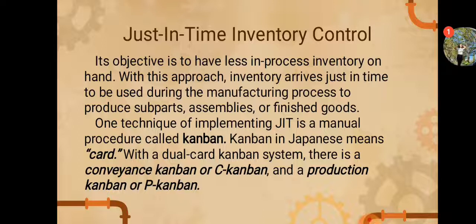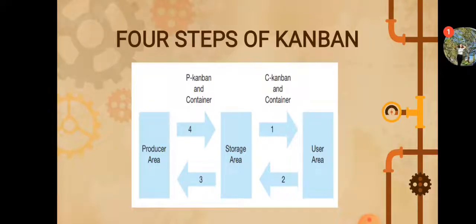So this method I'm talking about is called Kanban, a Japanese term consisting of two words: kan, meaning visual, and ban, which means card. More precisely, this is a scheduling system that aligns inventory levels with actual consumption, no? So this is the Kanban.